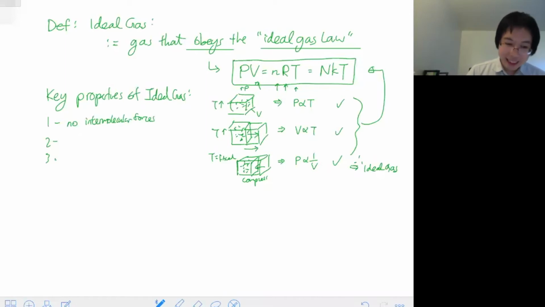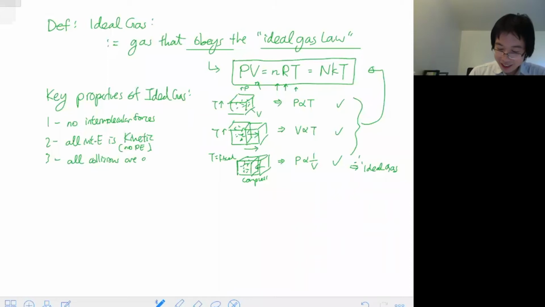And the next thing is, all the internal energy is kinetic. Now you know why I almost forgot to mention potential, because when we focus on ideal gas, there's no internal potential energy. And finally, all collisions are elastic.